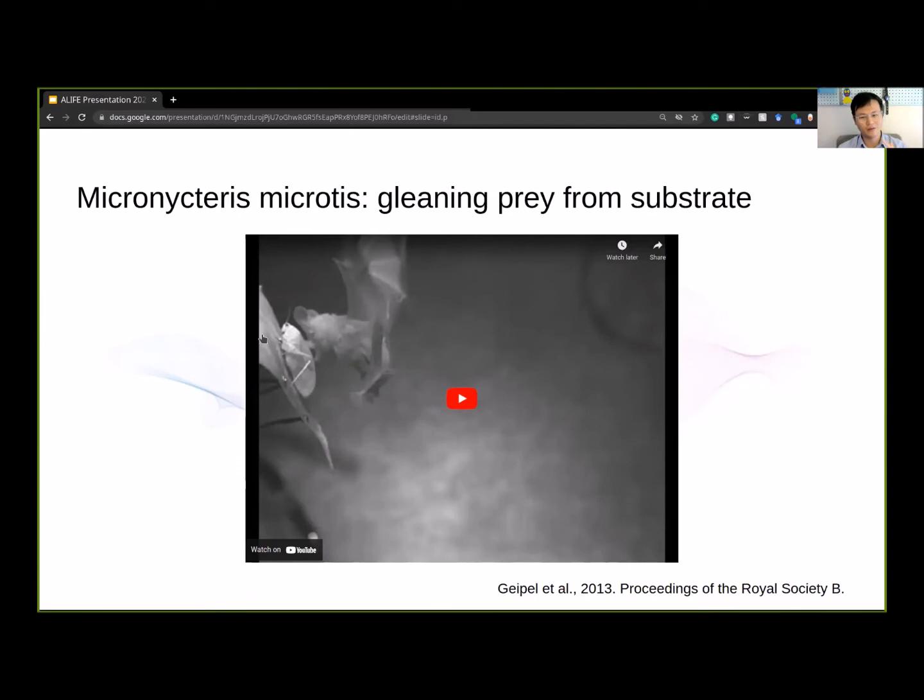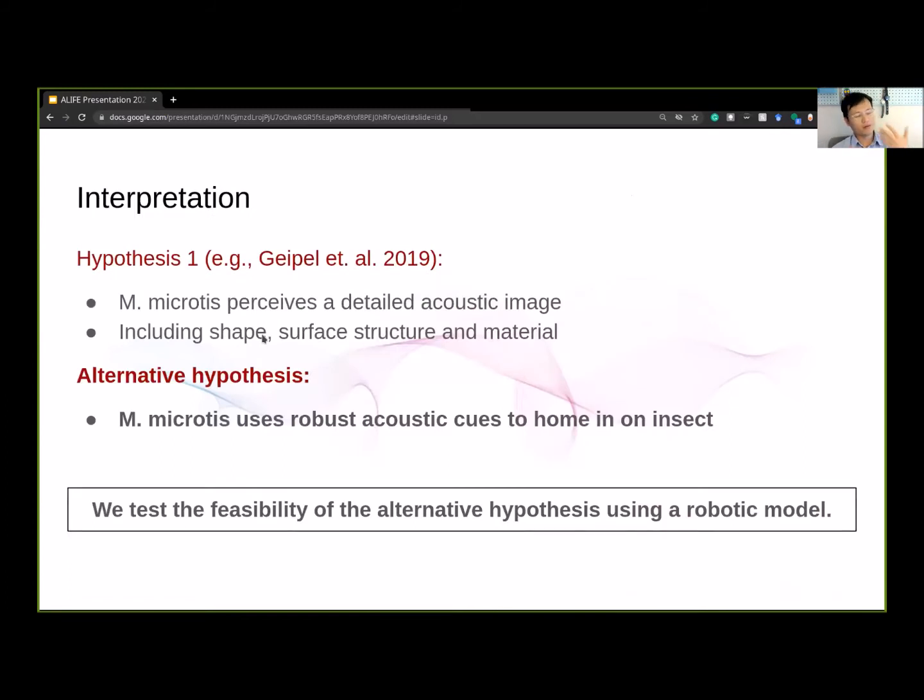So in that study, the authors could explain how the bat was able to recognize whether there's prey or not, and the answer was basically when there's prey on the leaf, you should be able to hear a louder echo, and when the prey is absent, the echo is quieter. But that couldn't explain the behavior of the bat being able to home in on the prey.